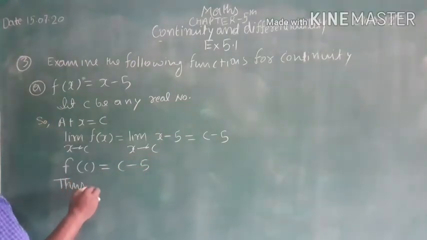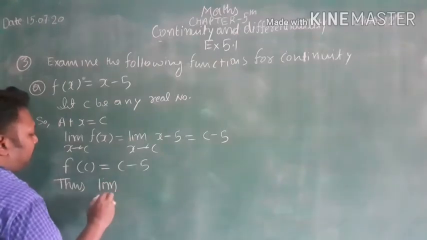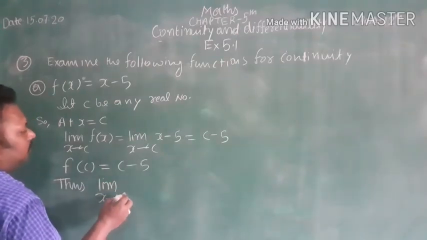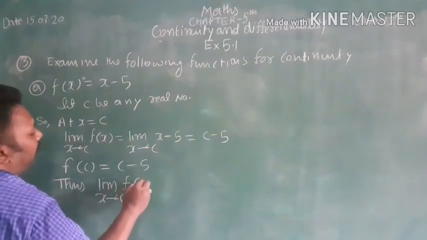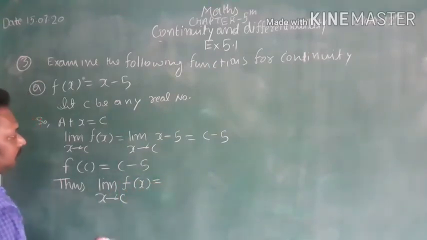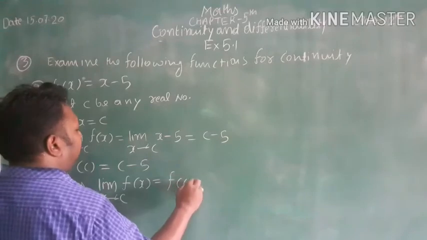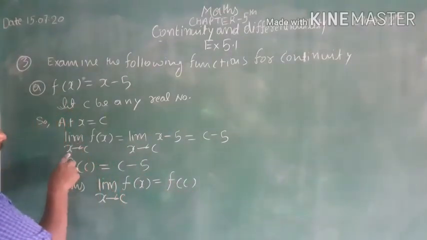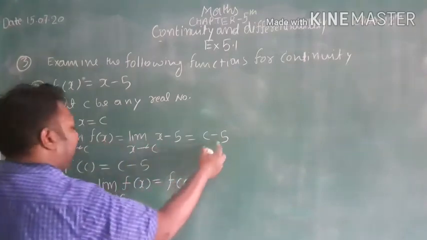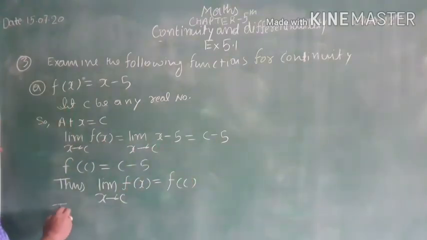Thus limit x tends to C, f(x) equals f(C), because value of f(C) is C - 5, value of limit x tends to C, f(x) is C - 5.